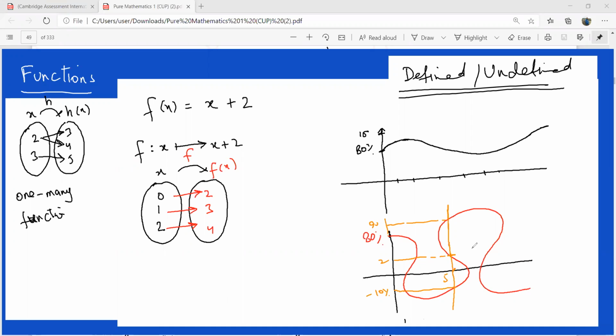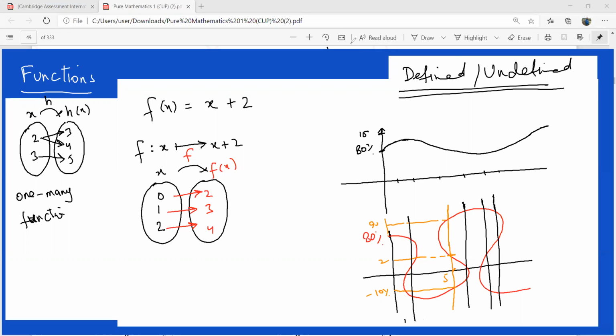For that purpose, you must note it down. If you want to see whether a given curve is showing a defined function or not, you draw a vertical line onto that graph. If the line passes more than once through the graph, that means the graph is not showing a defined function.